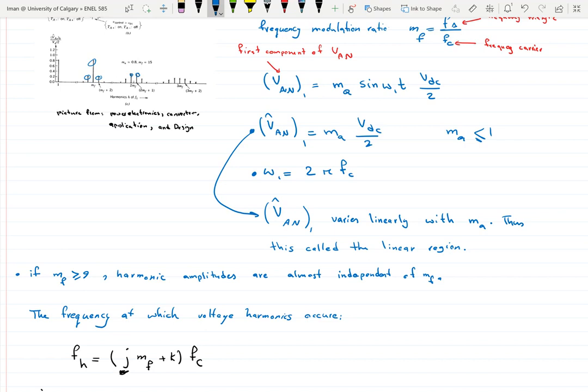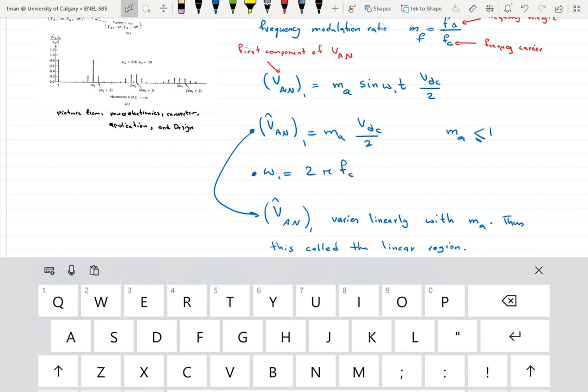So I would have basically only odd harmonics, and at even harmonics I don't have any value.